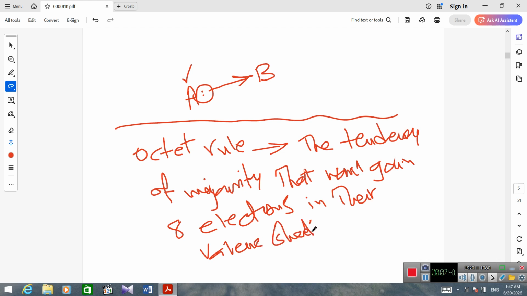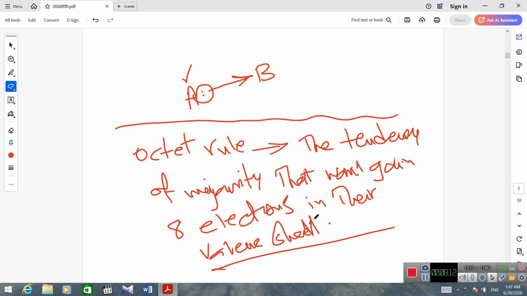In other words, the majority of main group elements tend to gain 8 electrons and have an electronic configuration like noble gases, of course with the exception of helium, and in this situation they are more stable.